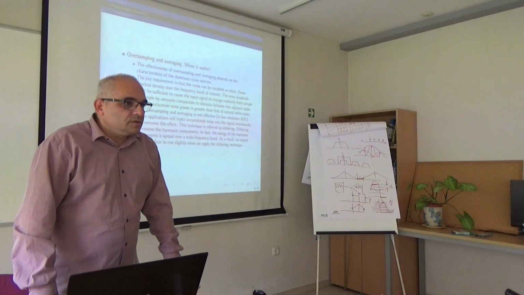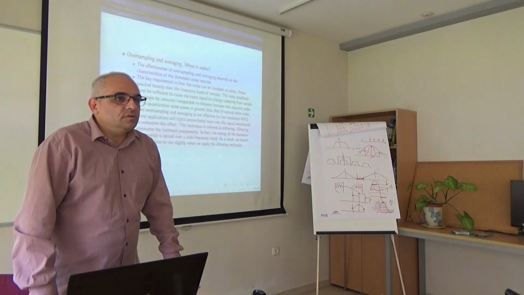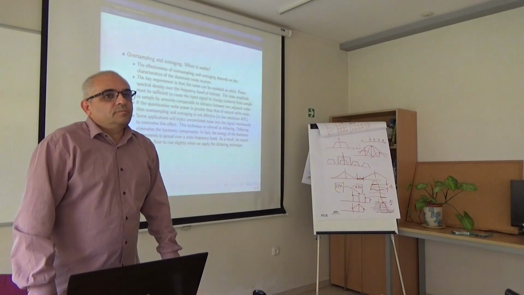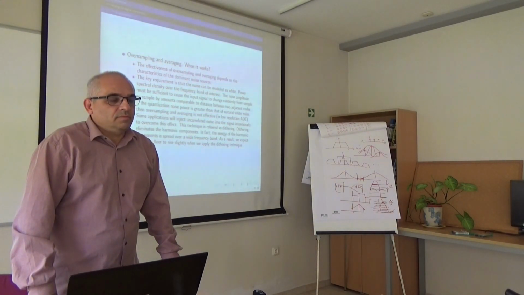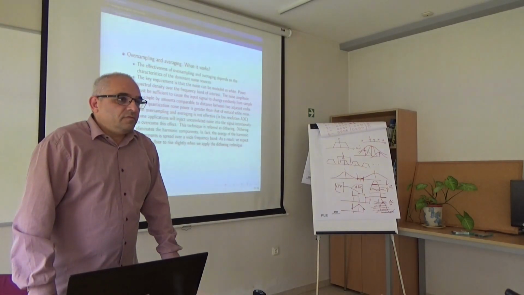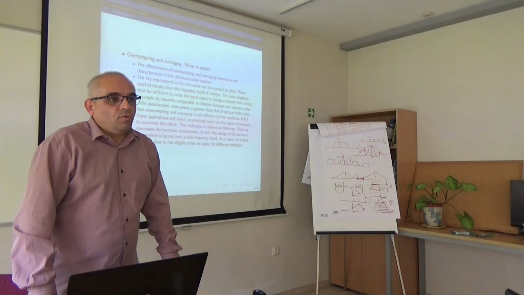But the effective resolution is, let's say, about 18. From 18 to 24, we have 6 bits which are corrupted by noise, white noise, thermal noise. When we perform such averaging, we can increase the effective number of bits, let's say, by 1 or 2 more.